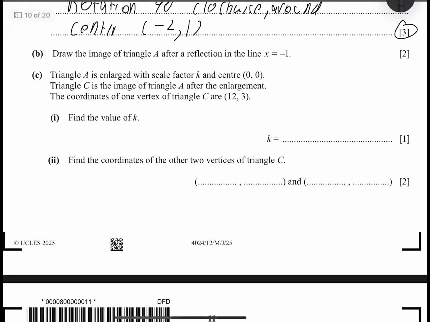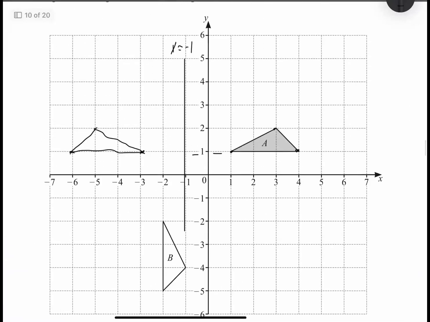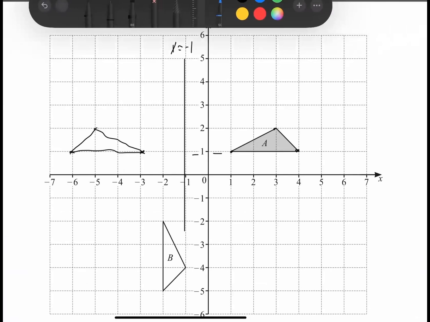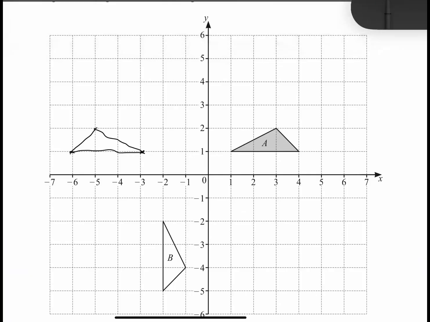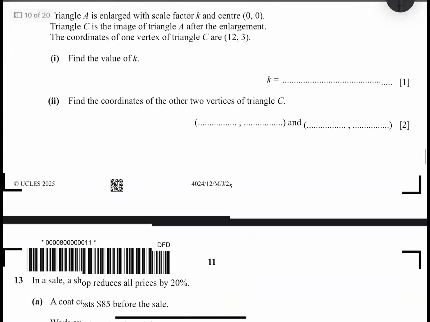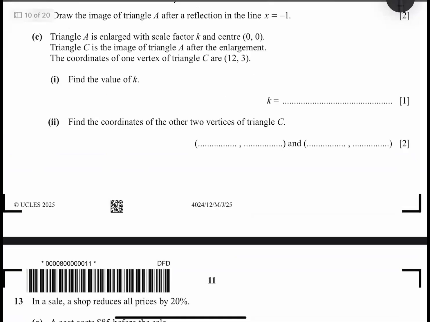Now we need to find the value of k. We should probably read the whole question. It says triangle A is enlarged with a scale factor k and center 0, 0. So this triangle A is enlarged at a scale factor that we need to find out around center 0, 0. Triangle C is an enlarged image of triangle A after enlargement.